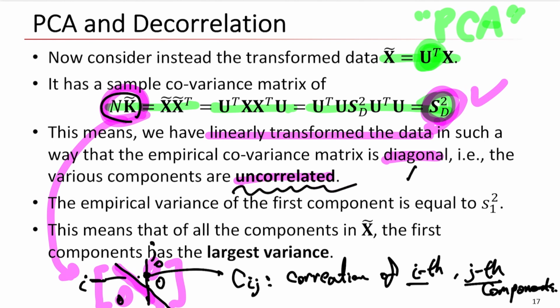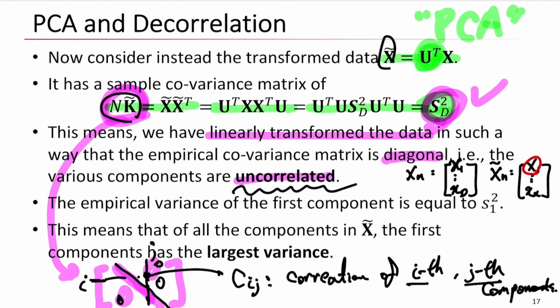So what does it mean? Let's say xn is x1 through xt, right? And the new x hat is x1 through xk, right?